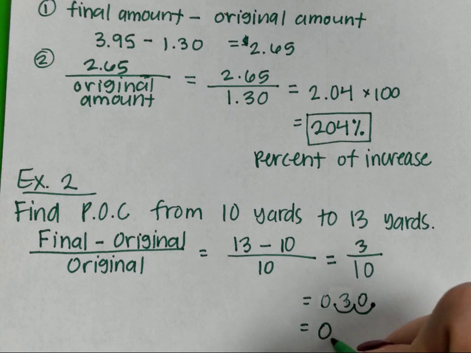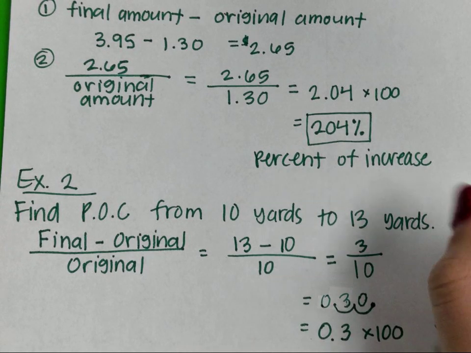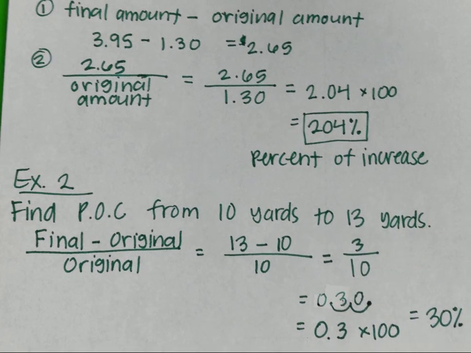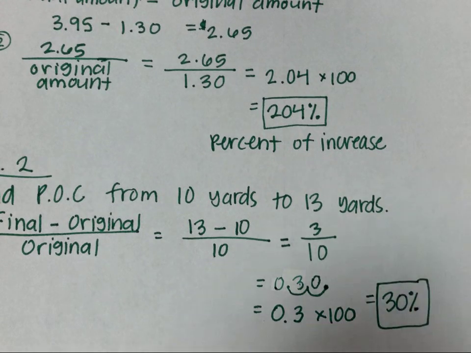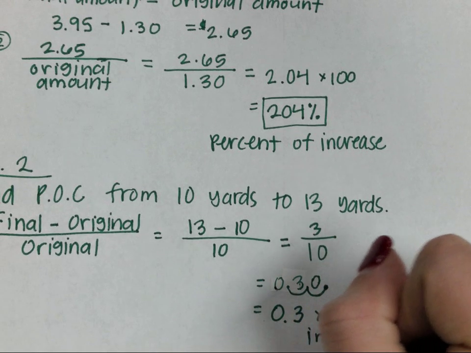Or I can say in my calculator 0.3 times 100. Either way, I'm going to get 30%. Okay. So the percent of change between 10 yards and 13 yards is a 30% change. So is that a percent increase or a percent of decrease? Increase.